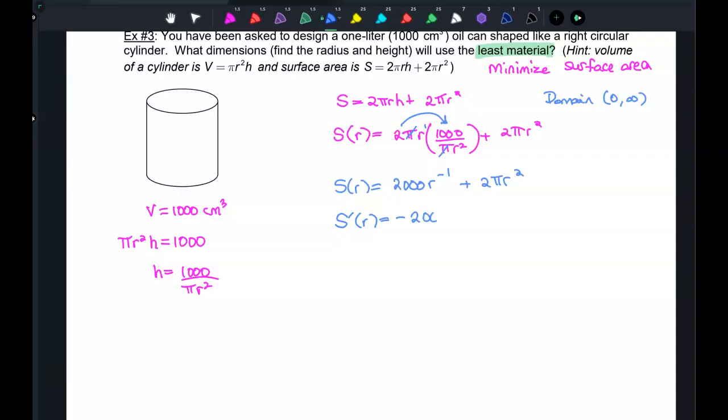So negative 2,000 r to the negative 2 plus 4 pi r. What do we want to do? Set this equal to 0 and solve for r.